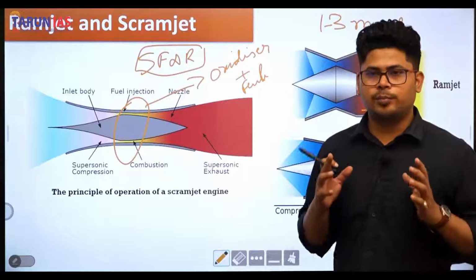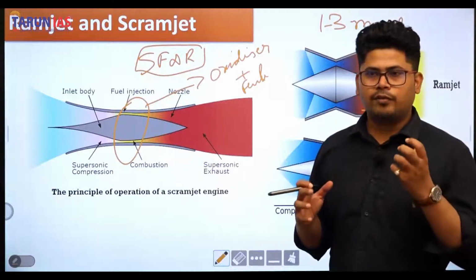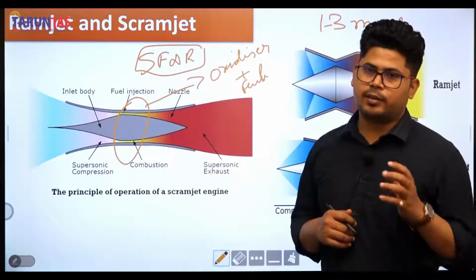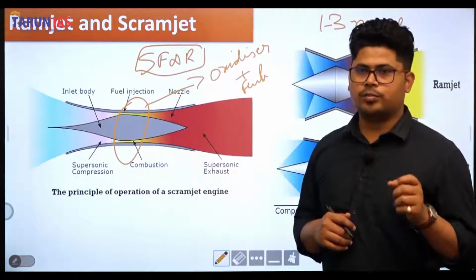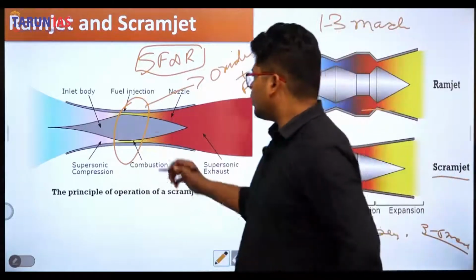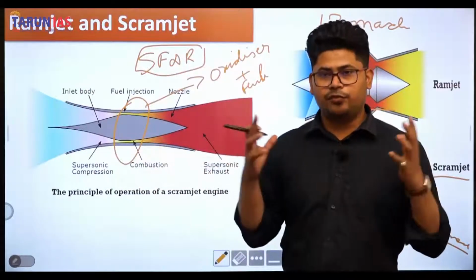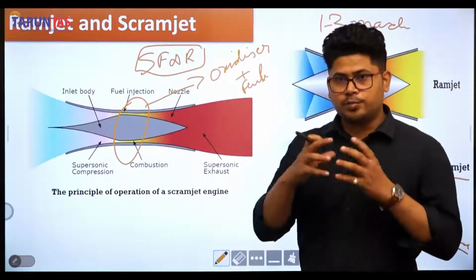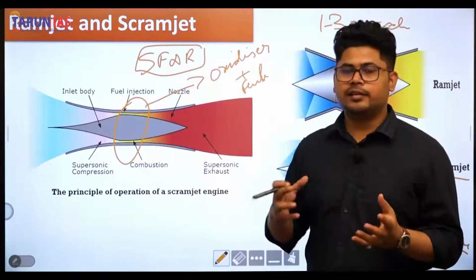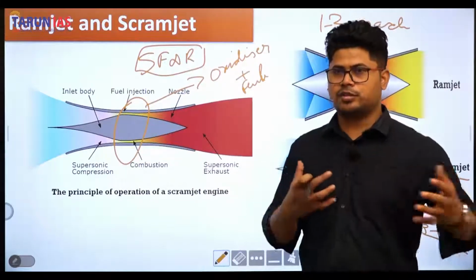But for combustion we need oxygen, the fundamental necessity. So jet engines carry huge oxygen tanks and fuel, and fuel is burnt in the presence of oxygen to produce thrust.